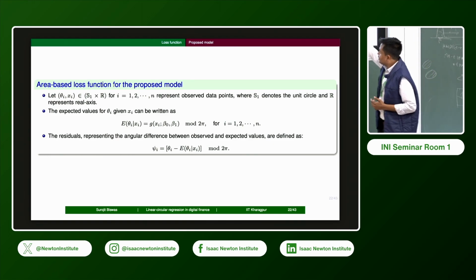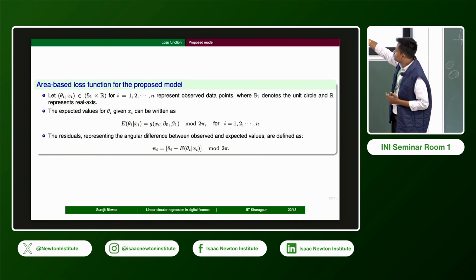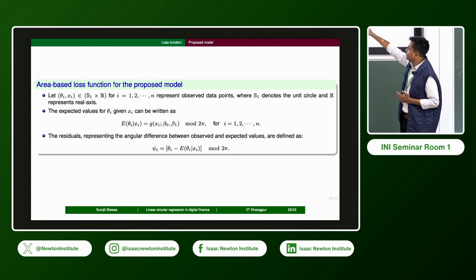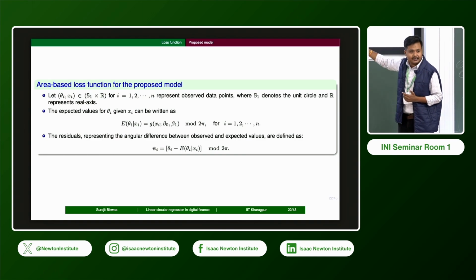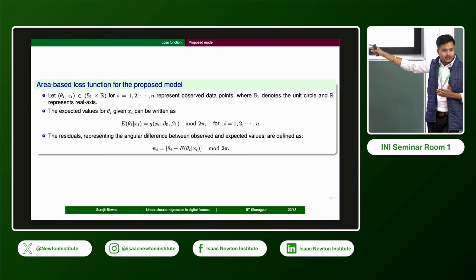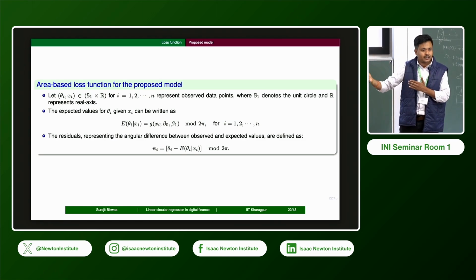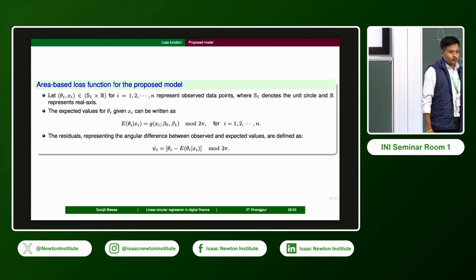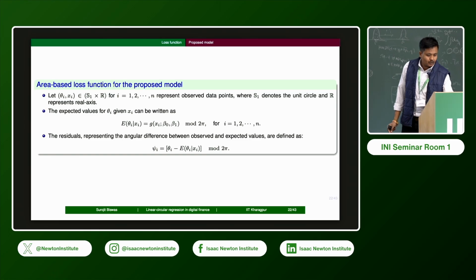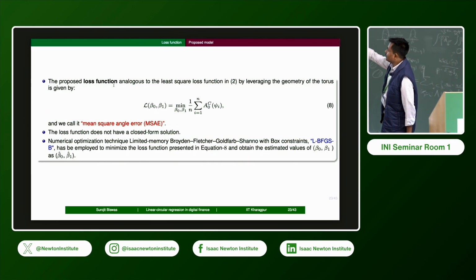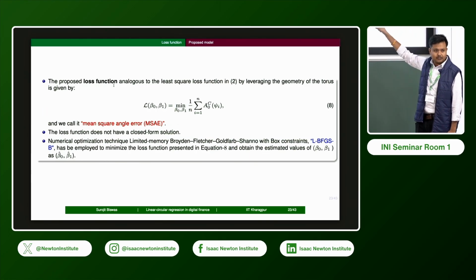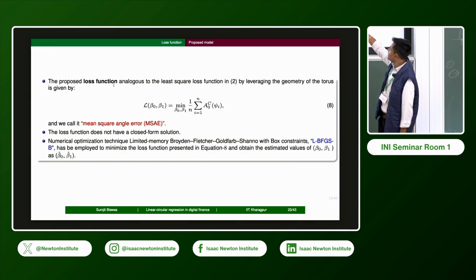And now this is the error for the model, the true value theta i and the expected value, expectation of theta i given xi, and we are doing modulo 2 pi. You can use modulo 2 pi, or there's another formula you can use. Whatever you choose, it will work. We have used modulo 2 pi. So now this is our loss function, that we want to minimize to get beta naught and beta 1.